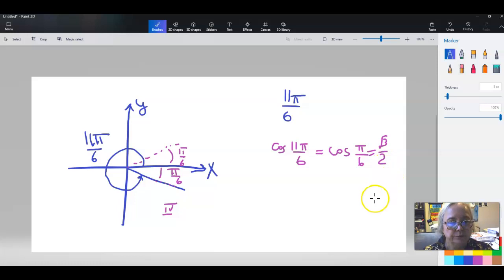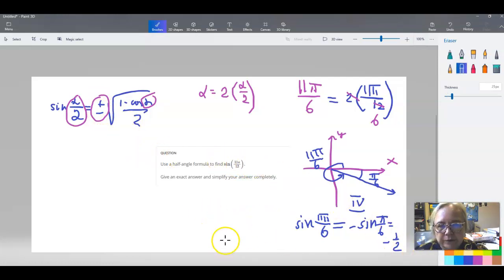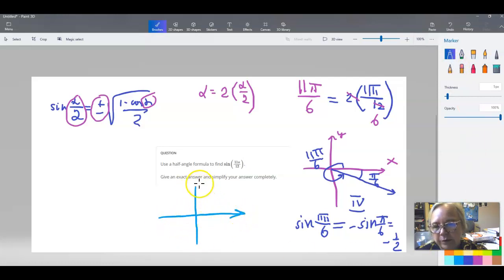Let's go to the previous window and see what is there to answer our question. In this formula, you can see that there will be a choice of either positive or negative square root. How can we make that choice? For 11 pi over 12, if we had 12 pi over 12, that would be pi. But we are pi over 12 radians shy of pi.